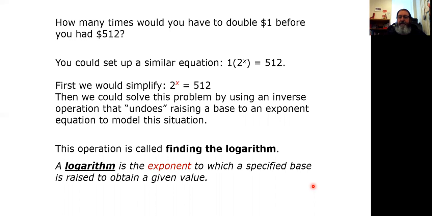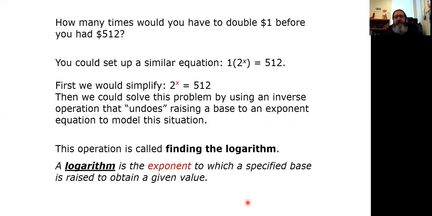A logarithm is the exponent to which a specified base is raised to obtain a given value. In our problem, 2 was the base. So there's your textbook definition of what a logarithm is.